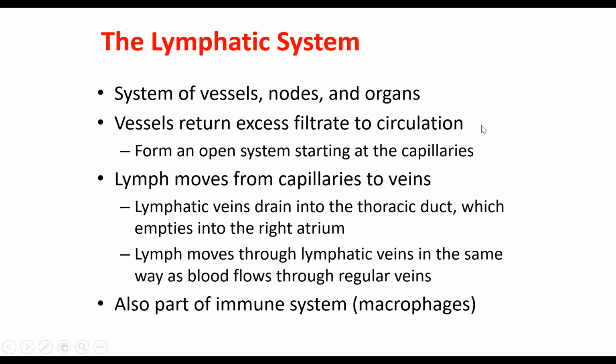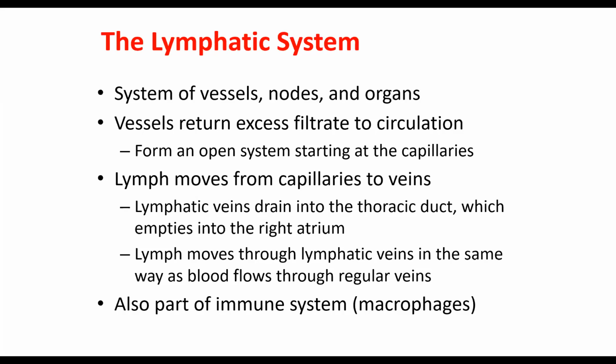So then lymph is moving through our lymphatic vessels, again, being picked up from the interstitial fluid from our tissues. It eventually aggregates into some of those larger lymphatic vessels, which are called the thoracic duct. And the thoracic duct is a single vessel. It runs right up through the abdomen. We're actually going to talk about it in our next unit in the anatomy lab. And then it's going to drain into the left side.